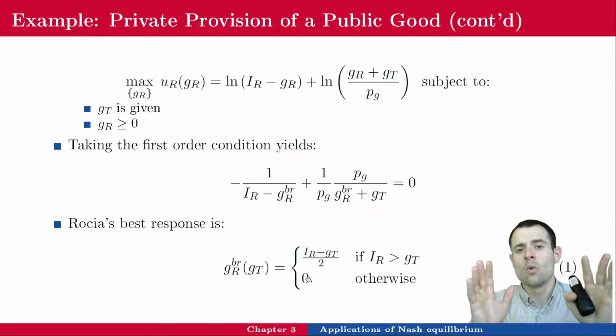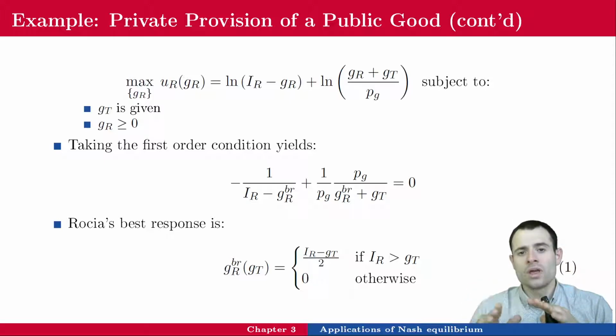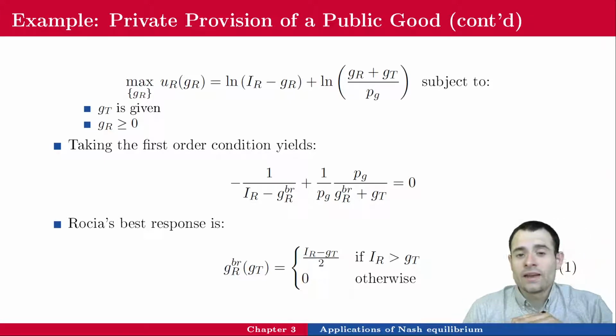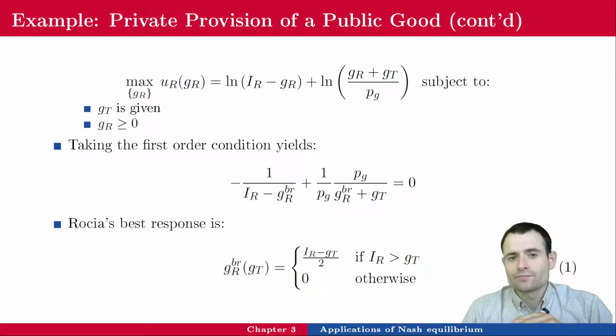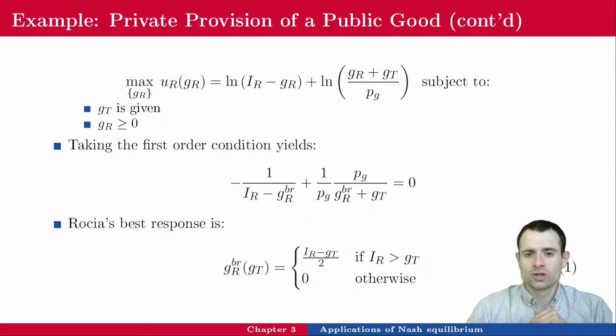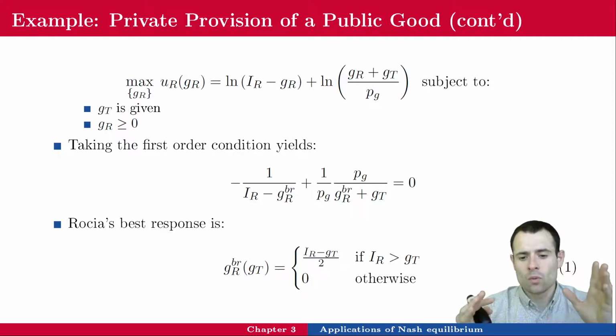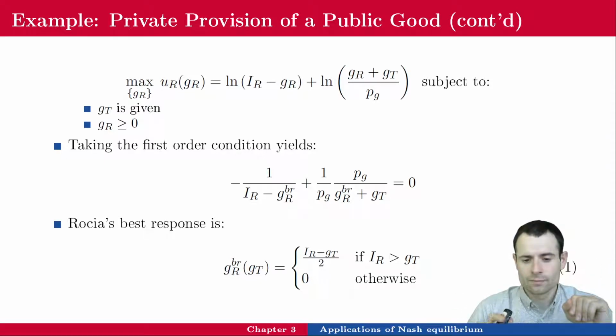Enough public good will be purchased with Tom's contribution alone. Again, it is piecewise. So when it's piecewise, you might expect some corner solutions. Don't worry, we are not going to go through corner solutions here. This is only a technical detail. We don't really care about this in this class.